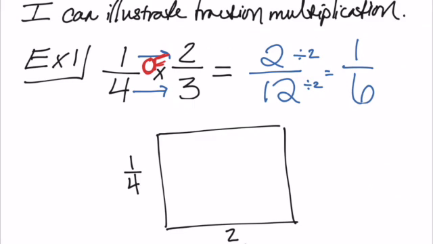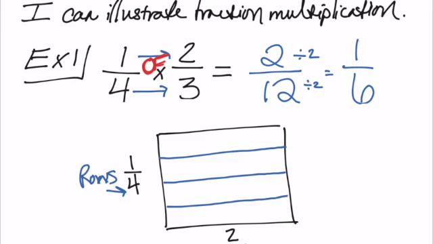Now, let's go over to 1/4. These are going to be our rows. And the bottom number is going to tell us how many rows to make. So we're going to make 4 rows. And try to make them as equal size as possible. And the top number is going to tell us how many to fill in. So we're going to fill in one of these rows.